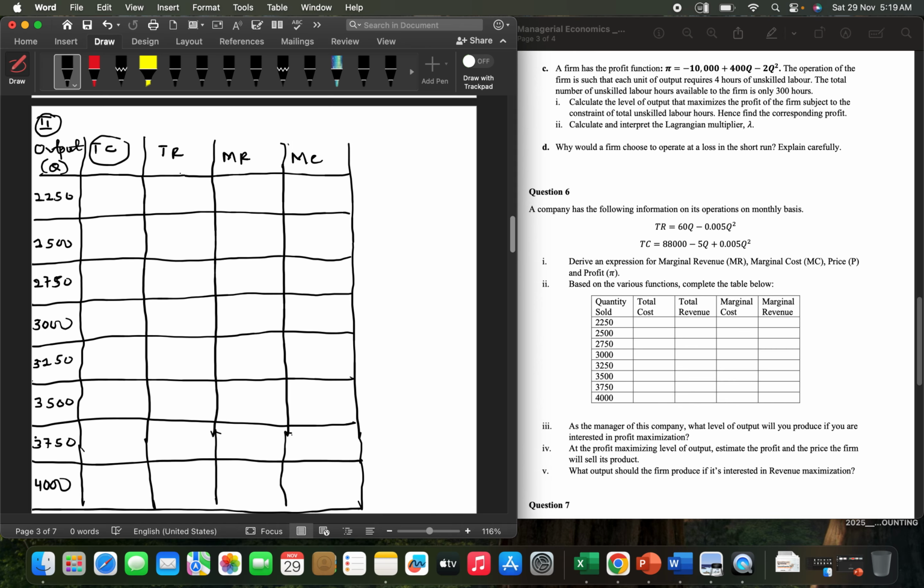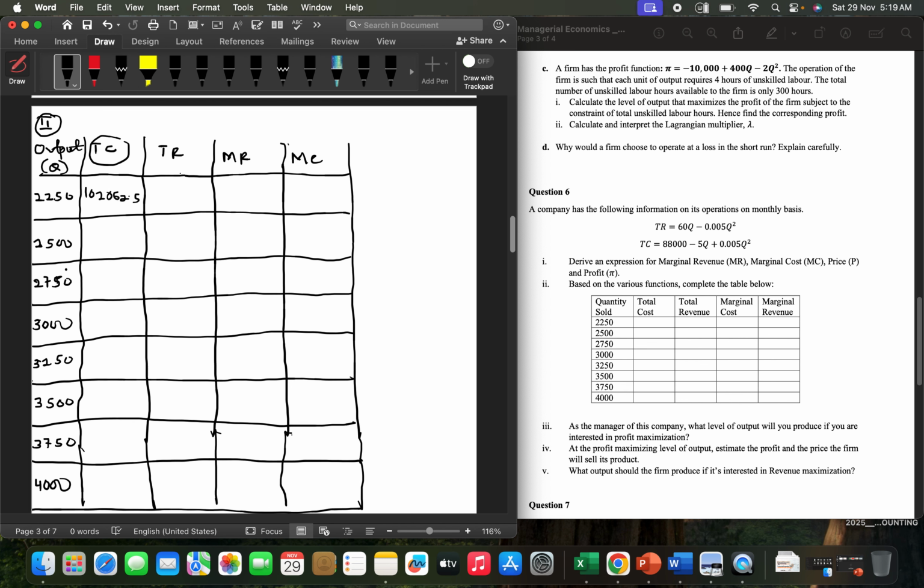Since I've already explained how to do it, I'll just put in the answers here. The first total cost, our answer was 102,062.5.